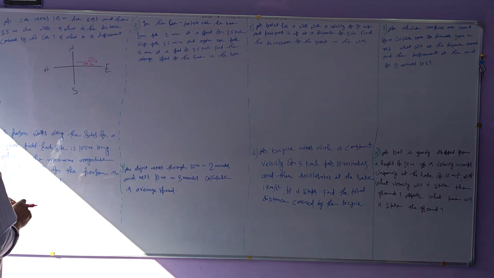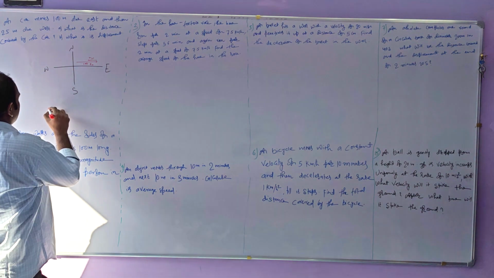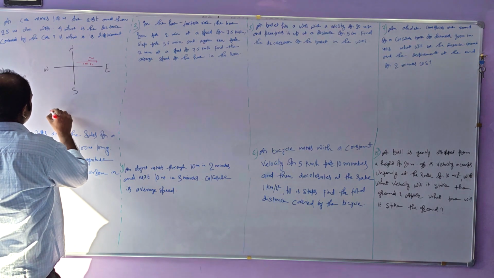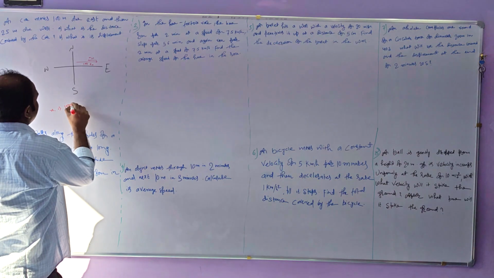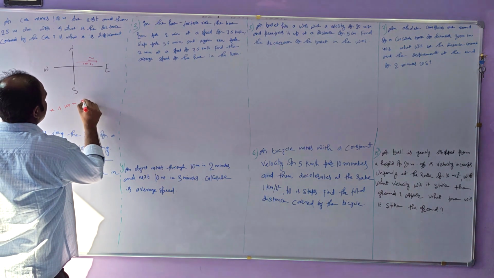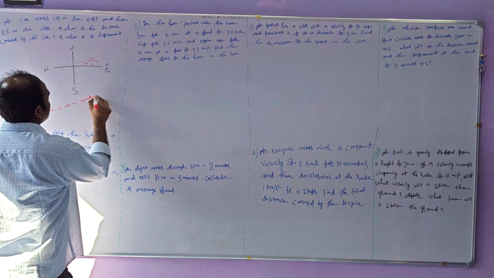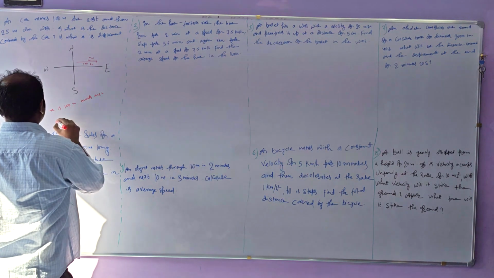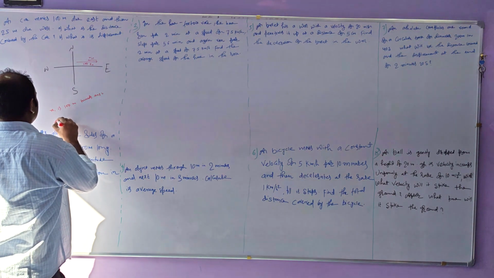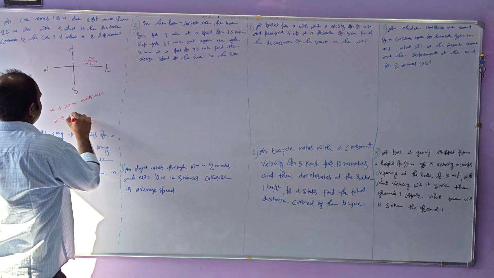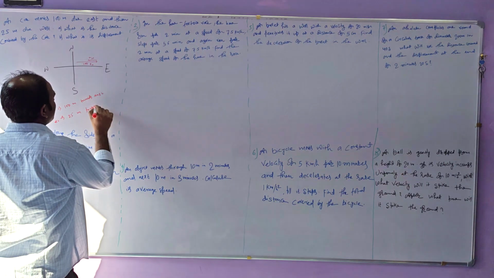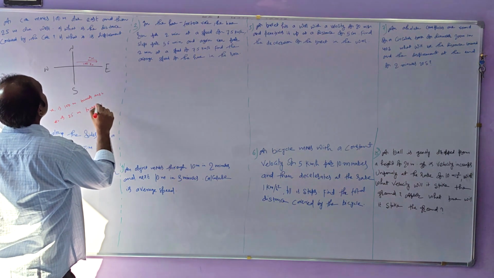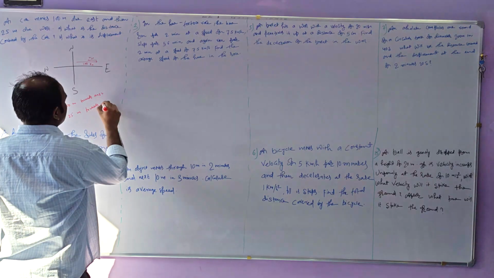We know distance in the first interval is 100 meter towards east and in the second interval 25 meter towards west.